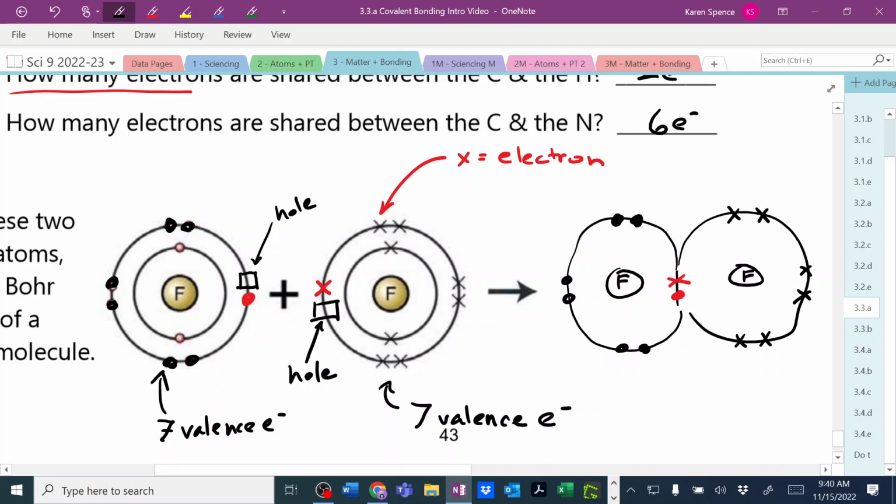Now you'll notice I dropped the inner shell. It is okay to do that. You can show only the valence shell if you want to, because if you're doing chlorine and you had to show them all, you'd be drawing 3 rings. So it is optional to show the inner shells.